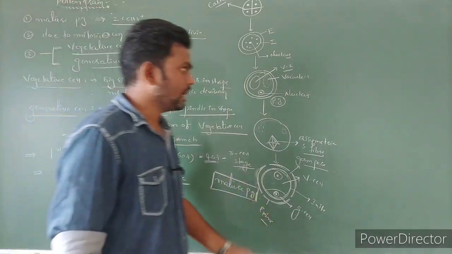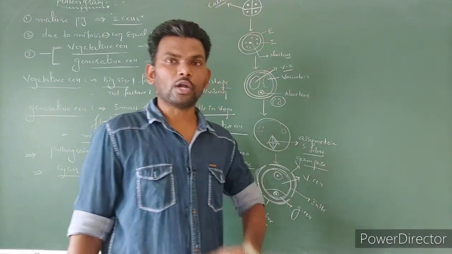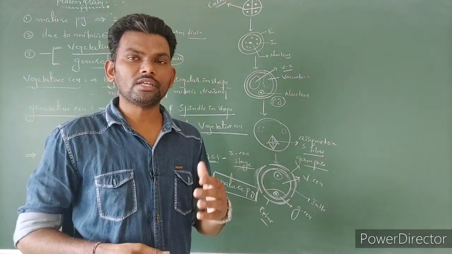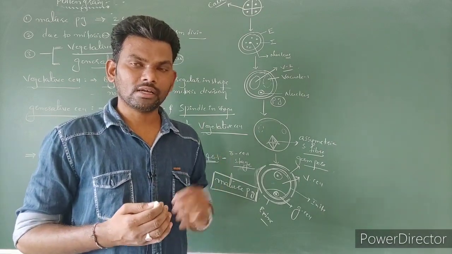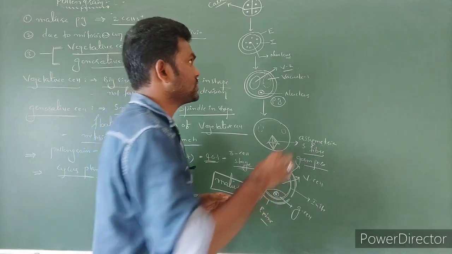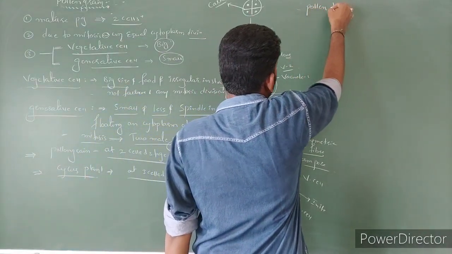Next, the advantages as well as disadvantages of pollen grains. Most of the pollen grains are used as pollen tablets and pollen syrups. Let's write the first one, the advantage regarding pollen tablets.